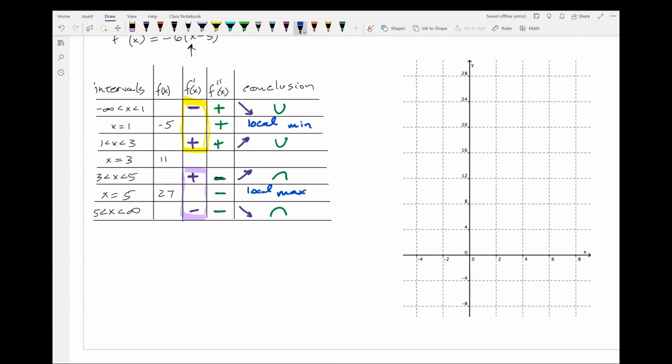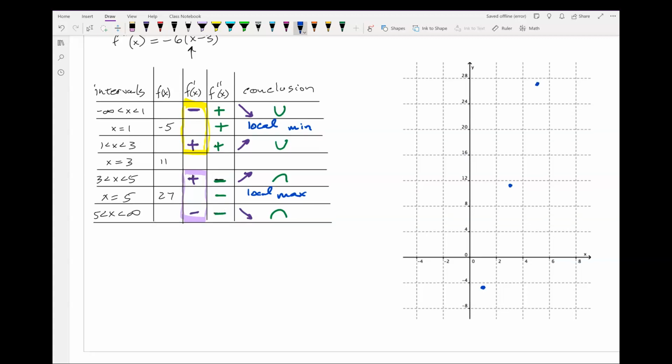So plotting the points that I know, first of all, looking at the table, I've got 1, -5, so that's maybe about there. We have 3, 11, so that's maybe about here. And we have 5, 27, which is maybe way up there.